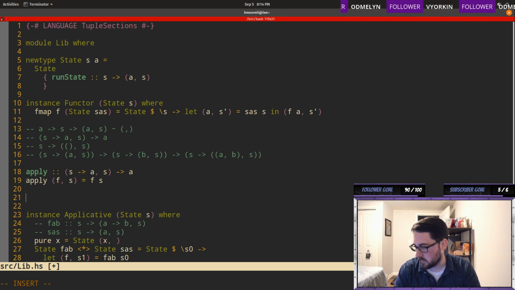Yeah, I think it's just a data constructor, but I'm wondering if those names were chosen for a reason.